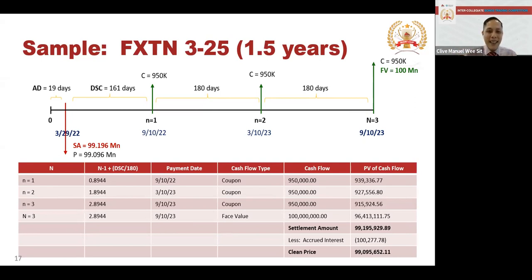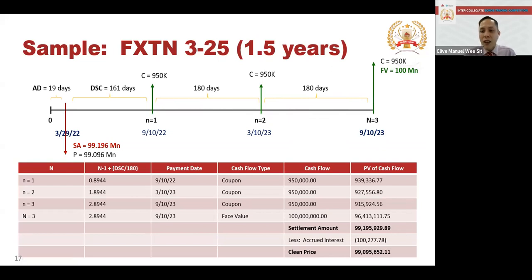In this case, since we know that this bond has a maturity date of September 10, 2023, we can put this at the very end of the cash flow diagram. Now we know that we bought the bond today, March 29, 2022. So we will move 6 months backwards to see what are the coupon payment dates, because we know that the maturity date of September 10, 2023 is the last or terminal cash flow date.